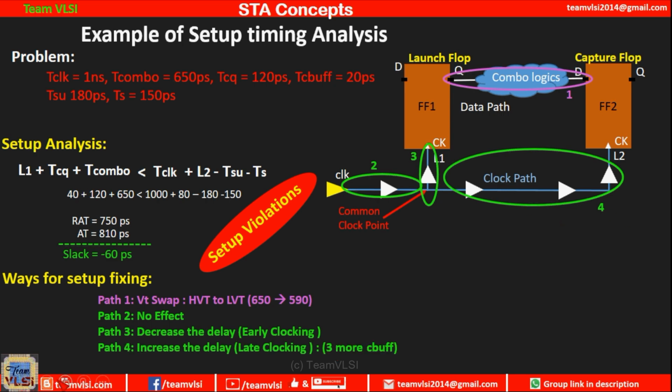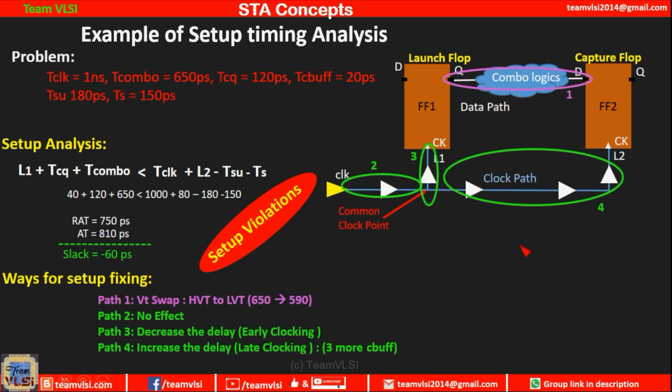In path 4, we increase the delay. Our fixing way could be to increase this delay. If we make this propagation delay more delayed, it is actually called late clocking.